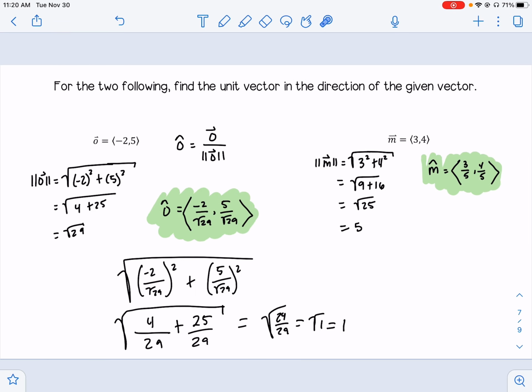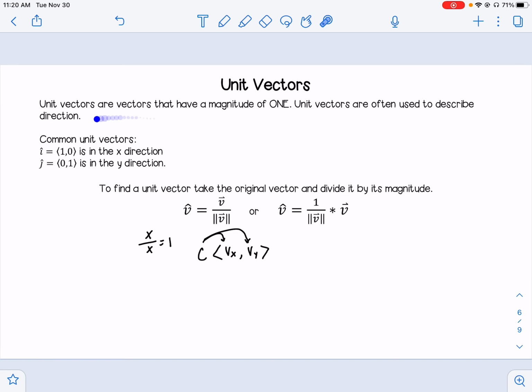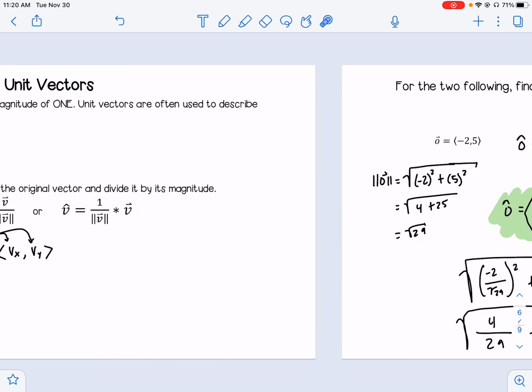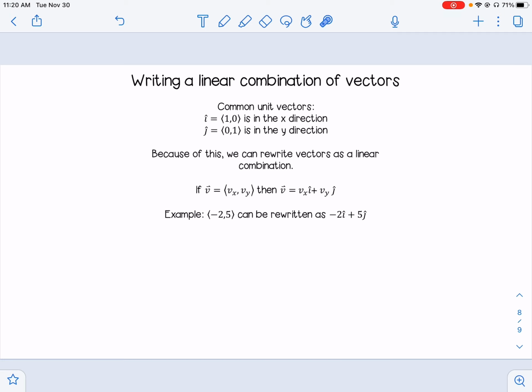So as I said at the very beginning, there are some really common unit vectors. i and j are the most useful ones. Because of i and j, we can rewrite vectors in what's known as a linear combination of vectors. Whew, that seems like a scary phrase, but this is actually relatively simple.